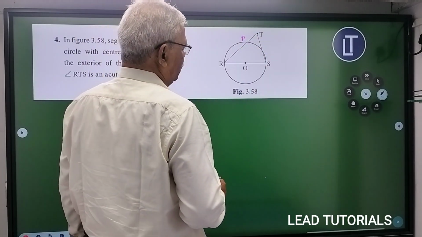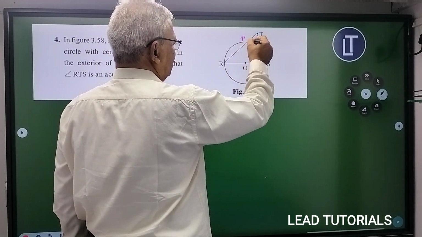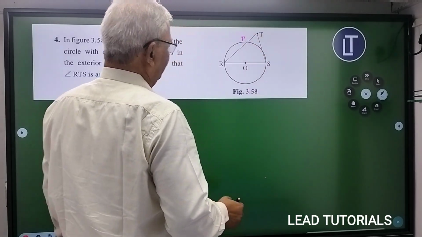It's not given, but it's intersecting at point P.